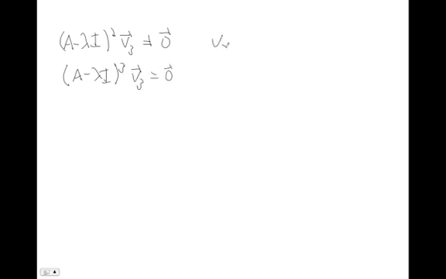So we call V3 a generalized eigenvector of grade 3, and this is the reason why it's grade 3. So now we have these 3 vectors, where one is a true eigenvector, and the others, when I keep multiplying them by my matrix, start becoming eigenvectors.